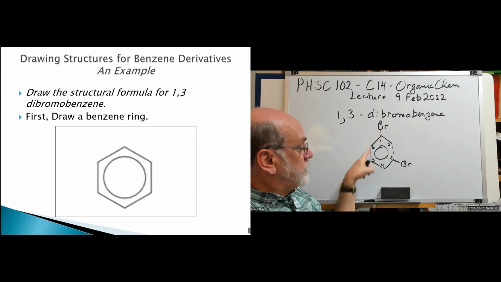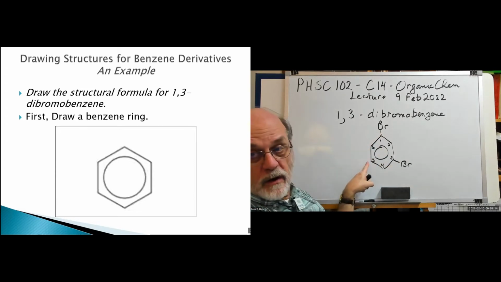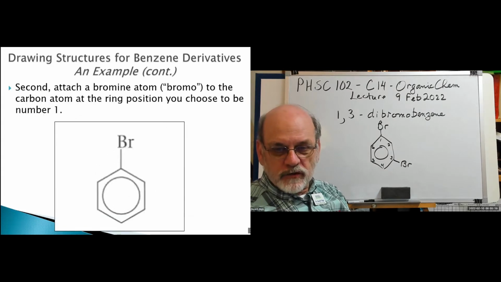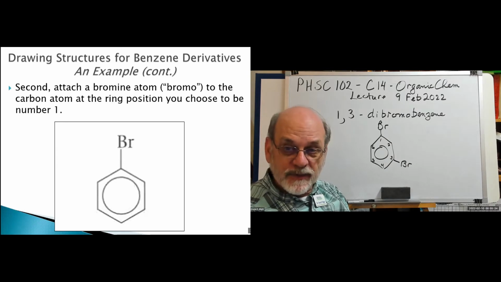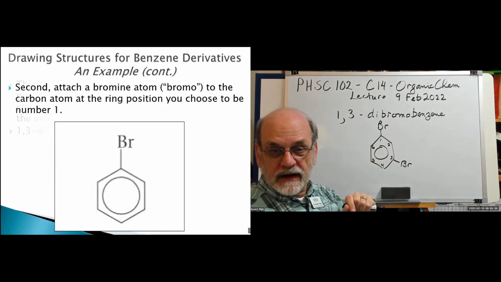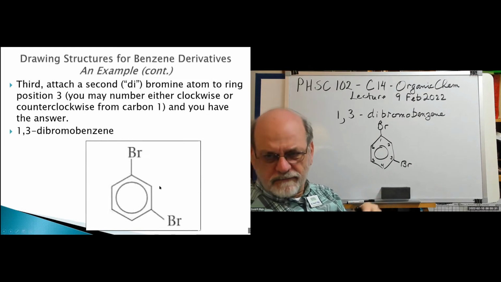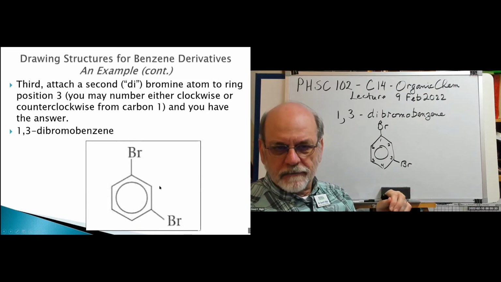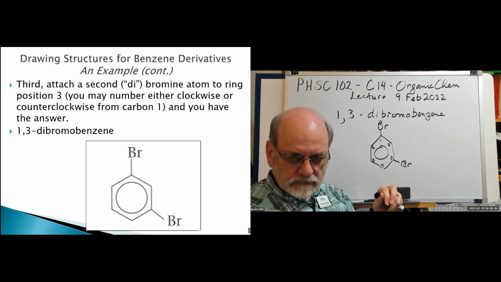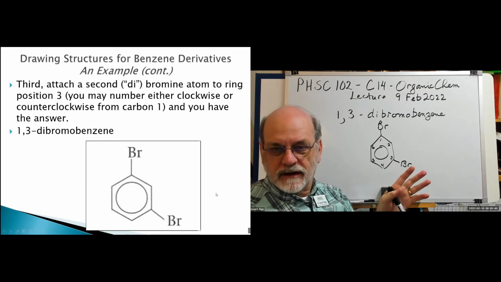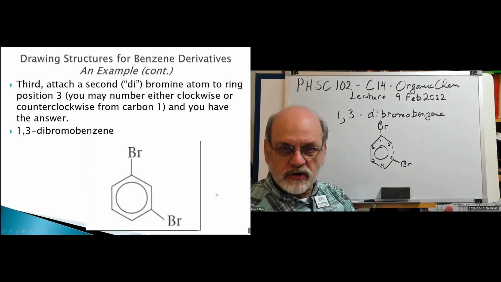Or if we did number this way, that bromine would have to go over here on the 3. Okay. So we drew the benzene ring. We know we've got a bromo there. That identifies position 1. Then the second one is we work our way around clockwise. Usually clockwise is preferred when you can. And we work our way around to the 3 position and put the other bromine. That's the correct structure for this name.